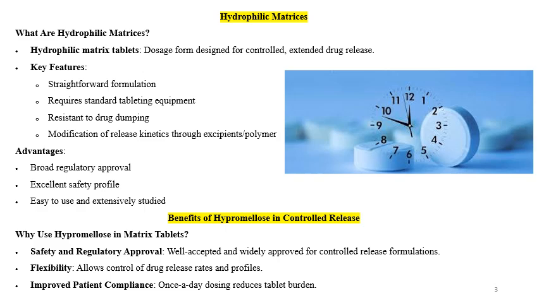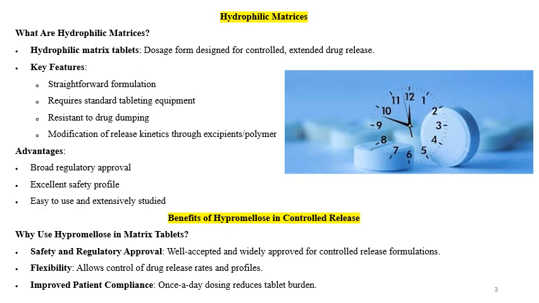The standard tablet manufacturing equipments can be utilized to make the hydrophilic matrix tablets. It is resistant to dose dumping. That means you can control the release of the API in a tailored way.